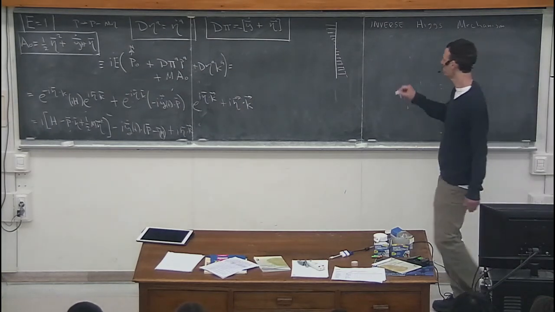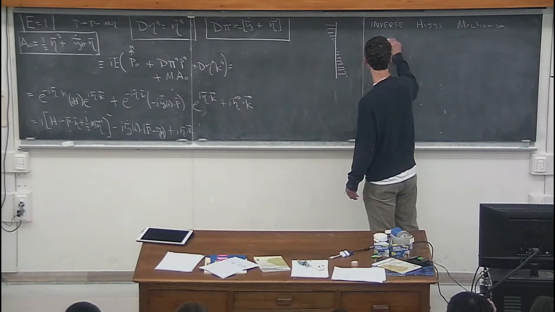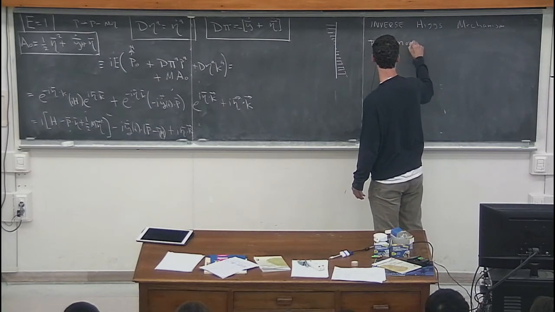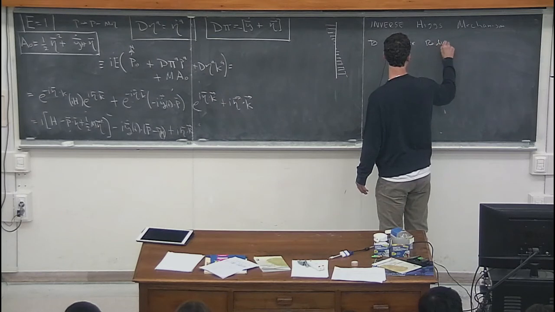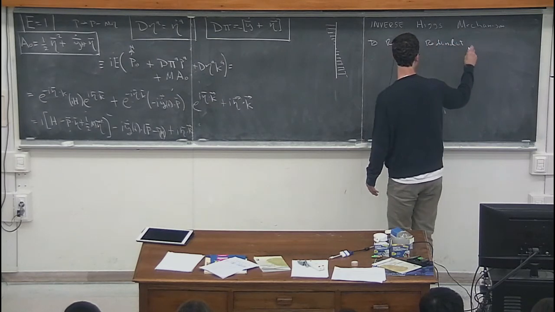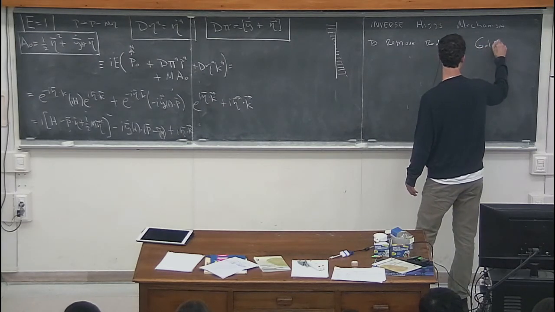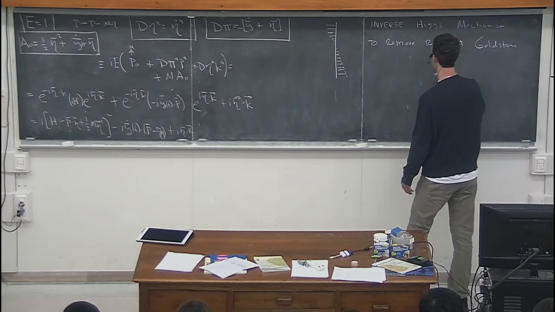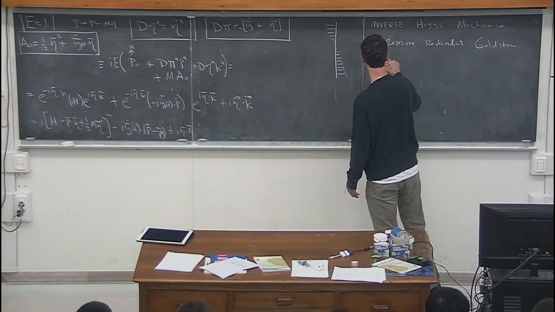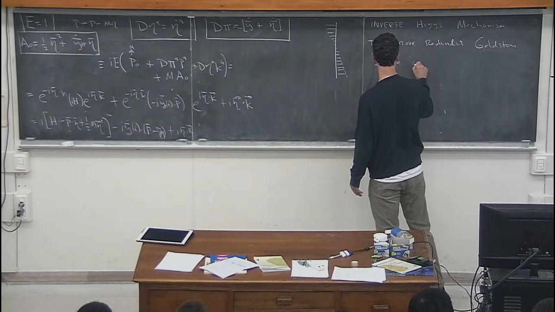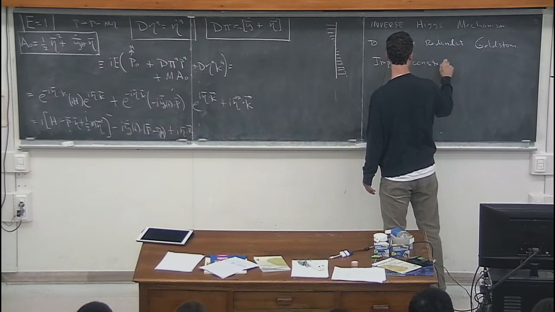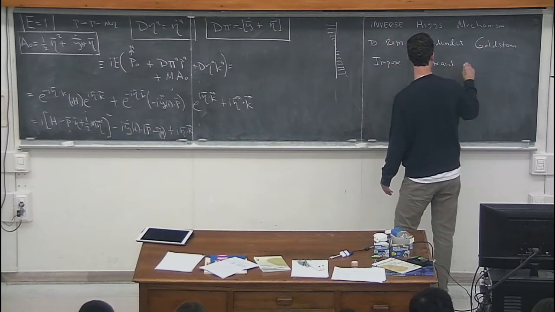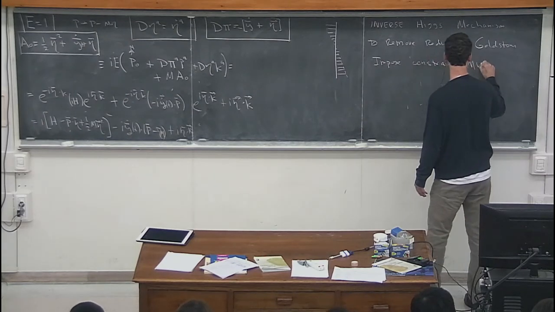So to remove the redundant Goldstones, we impose a constraint. And that constraint must be consistent with the symmetries.